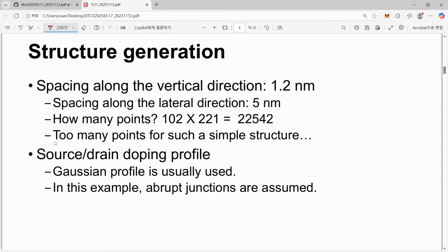Since the oxide thickness is 1.2 nanometer, we limit it to 1.2 nanometer uniform spacing along the vertical direction. So this is the vertical direction, and we have just 1.2 nanometer minimum distance. It means that we assign just one single interval for our oxide layer.